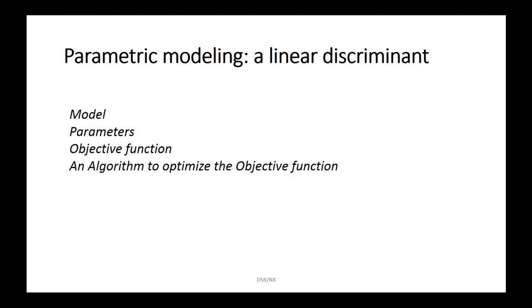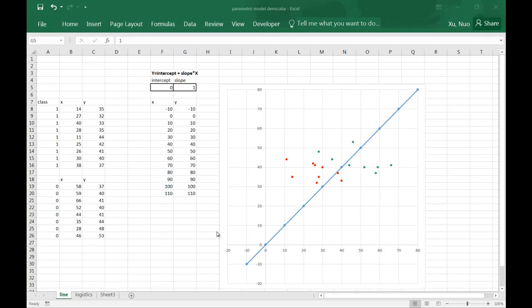There are four interlocking concepts about parametric modeling that we need to understand. They are model, parameters, objective function, and an algorithm to optimize the objective function. I will use the Excel sheet to demonstrate these four concepts. In this Excel sheet, we have three sets of points in this scatter plot.